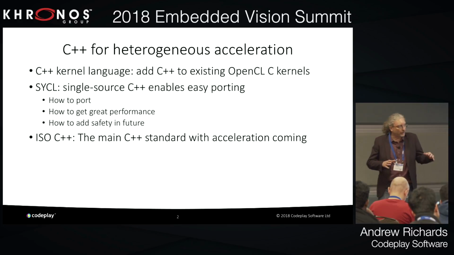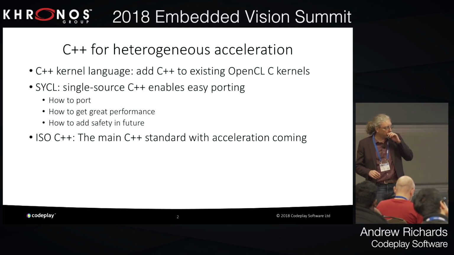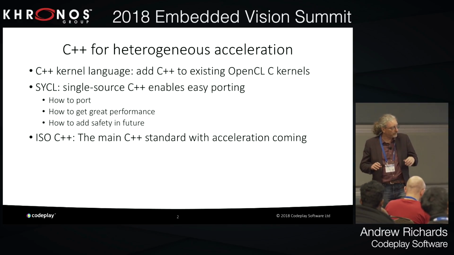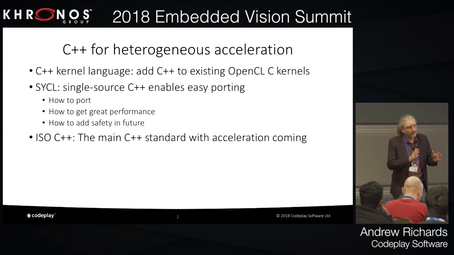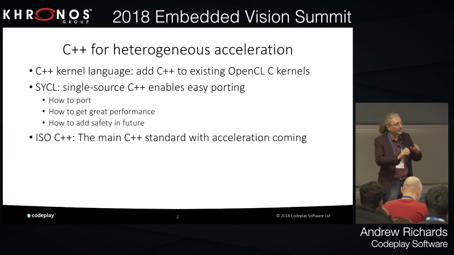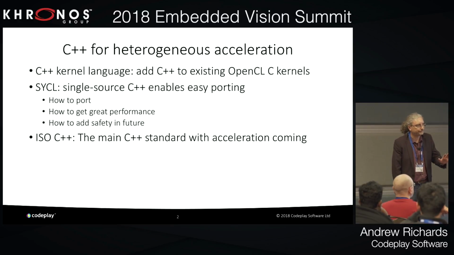So there are a few actual options. I should explain, so that you understand what this is. The C++ kernel language is something we also standardized and open sourced as a group, which adds C++ to existing OpenCL C kernels. So just so you understand what some of these terms mean, when you write OpenCL C, your kernels are in a separate source file from your main source code.